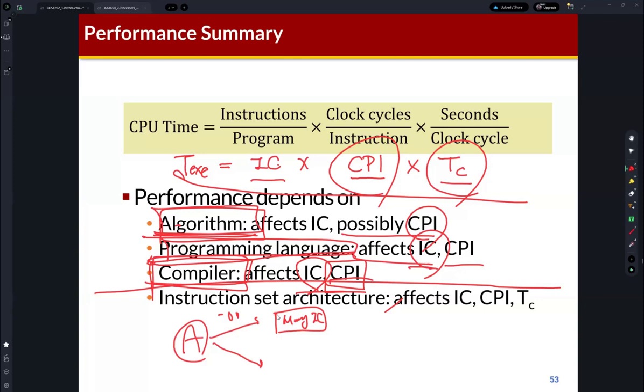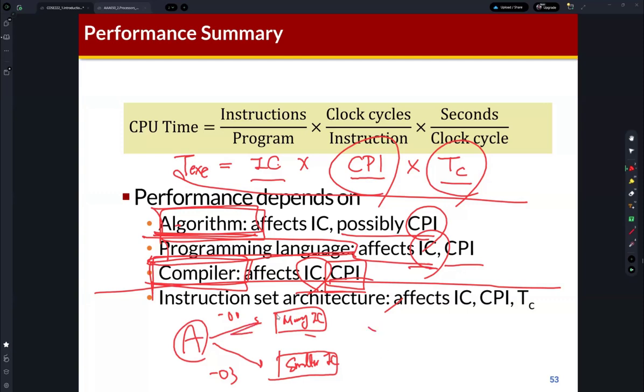The same application A can also be compiled with high optimization levels like -O3. Then the compiler will generate a smaller instruction count. Because the instruction count is different, the execution time can also be different.